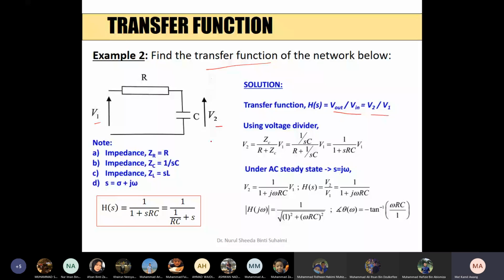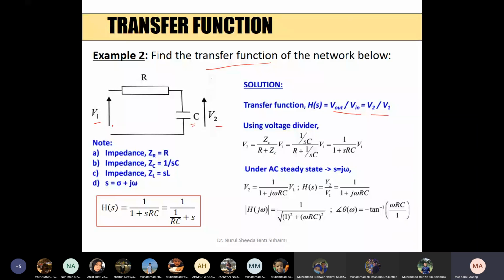What is V2? V2 you can get using a voltage divider, which is the impedance of the capacitor divided by the total impedance, which is R plus ZC, times V1.